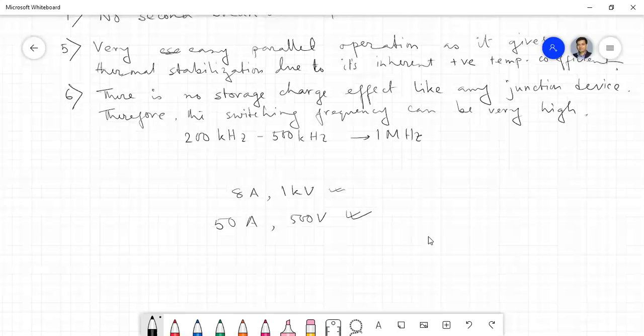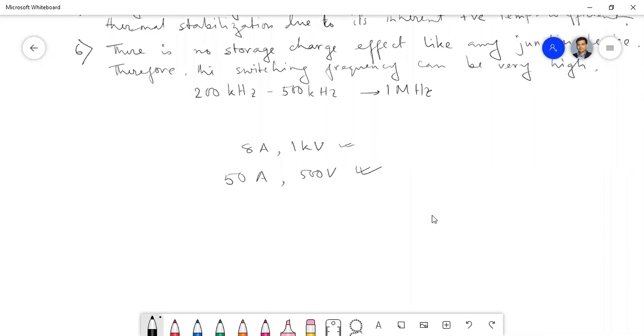Other MOSFETs are also available, but this is a typical range of MOSFET. Now, if we compare the bipolar junction transistor and power MOSFET, what are the observations we can make?